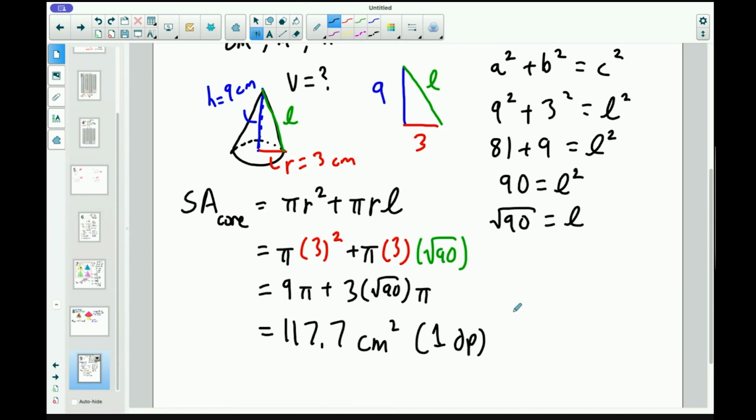So hopefully that part makes sense. We've done the Pythagorean theorem, or Pythagoras theorem, for both the volume and the surface area of a cone here. Are you feeling okay about that sort of problem? Any questions about that?